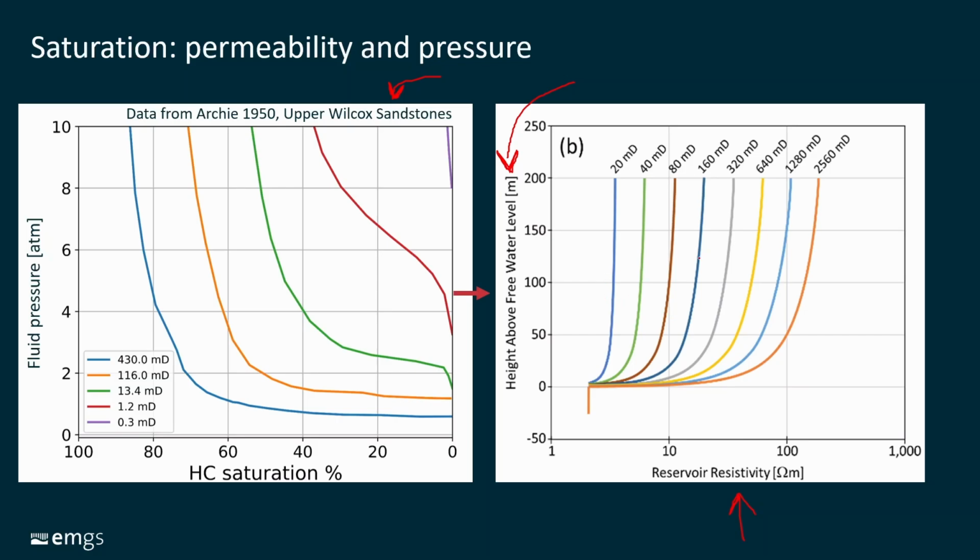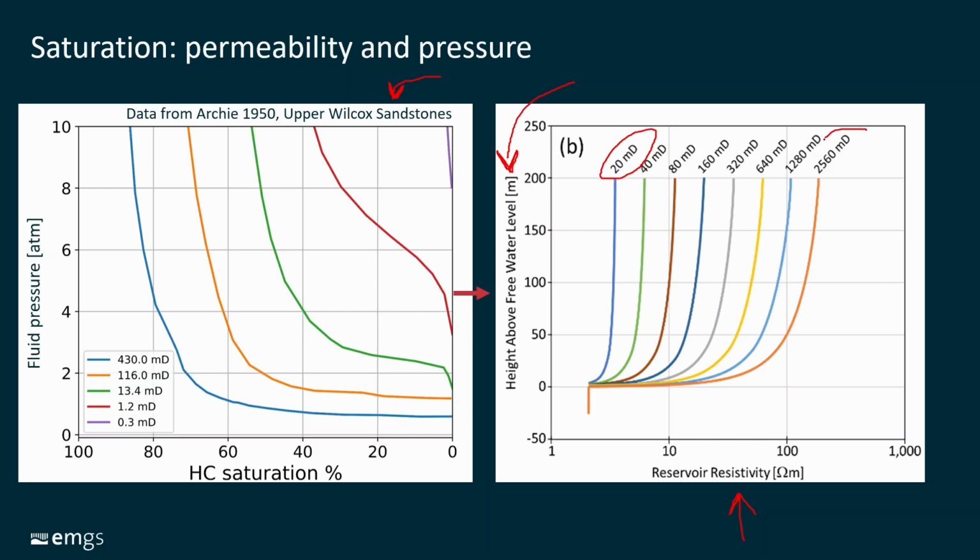And what you see here is just a model, but it's explaining clearly that for low permeability reservoirs, you build resistivity slowly, and actually you build resistivity to relatively low values. And the maximum value here is essentially an indication of the irreducible water saturation.